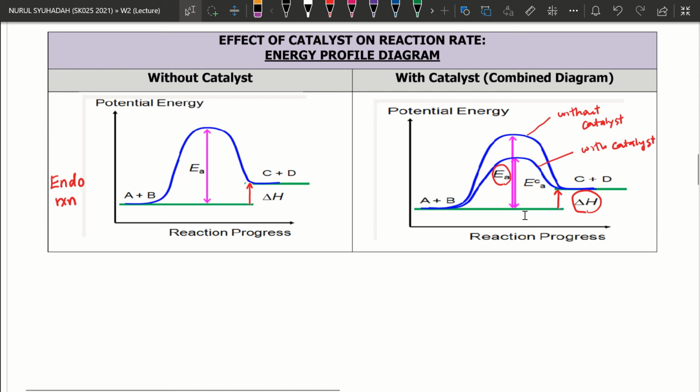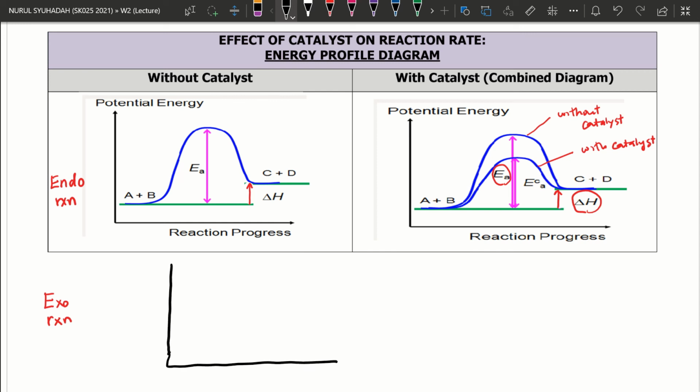So now, let's try to draw for exothermic reaction. I will just draw freehand over here, so pardon my sketching. So you have here your potential energy, and then reaction progress.